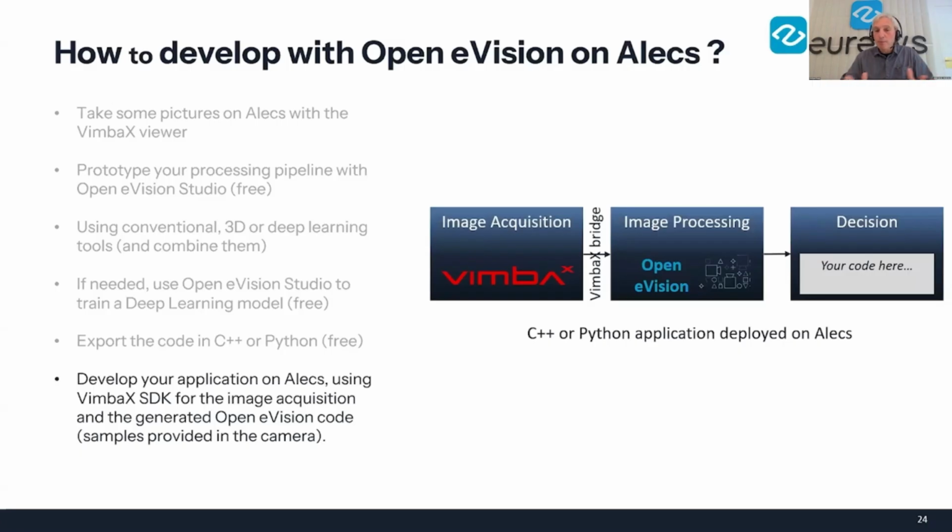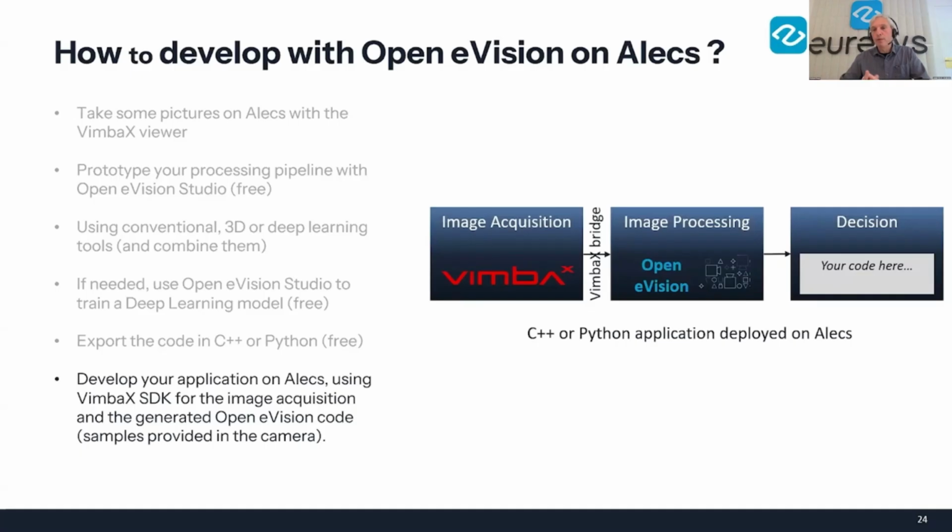So a typical application in its simplest form is probably composed of 3 different parts. One part to acquire the images. And so on Alex, it will be using the Vimba X SDK from Allied Vision. Then pass that image to the image processing pipeline built with Open eVision. So here it's exactly and only the code you get from Open eVision Studio.